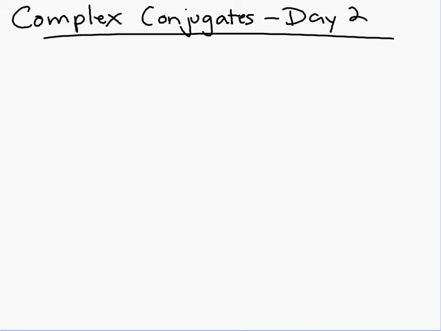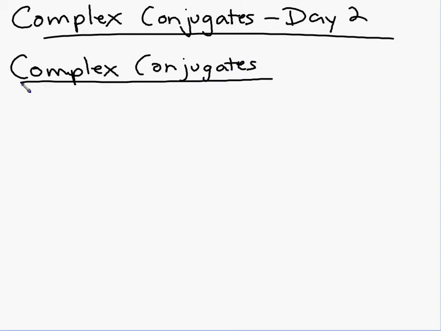We're going to spend another day working with complex numbers, and specifically we're going to work with this idea of a complex conjugate. When we talk about complex conjugates, we are basically talking about a difference of two squares.